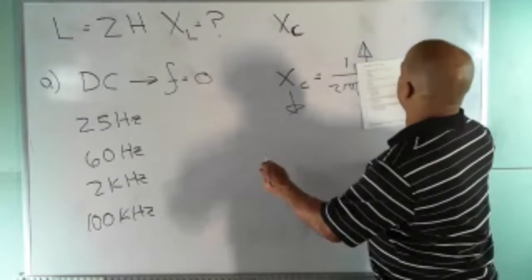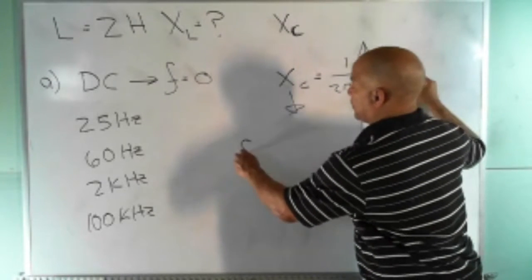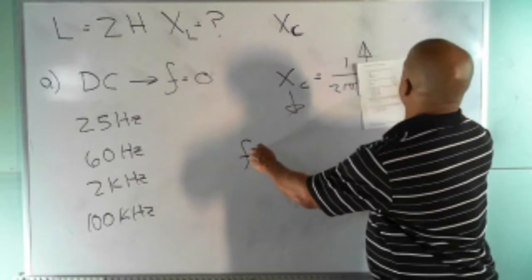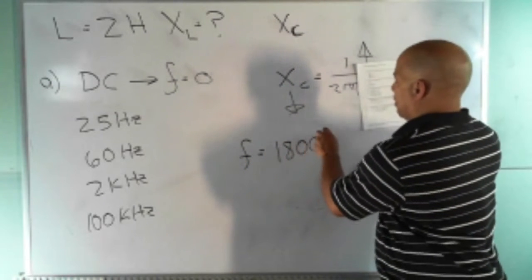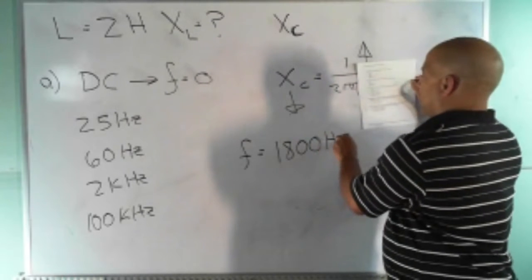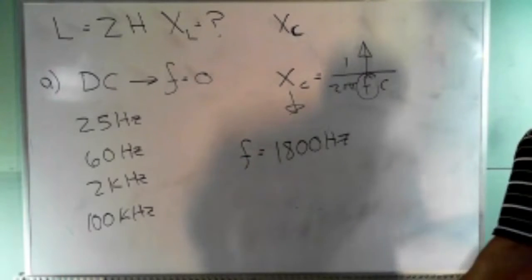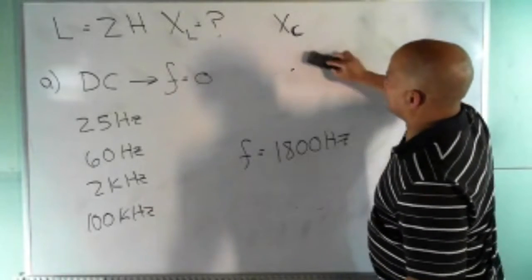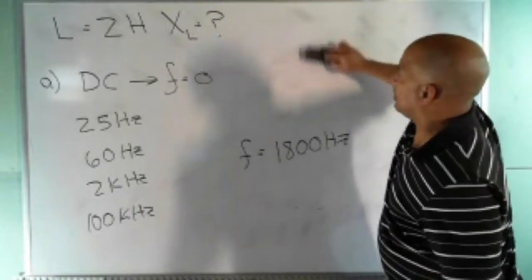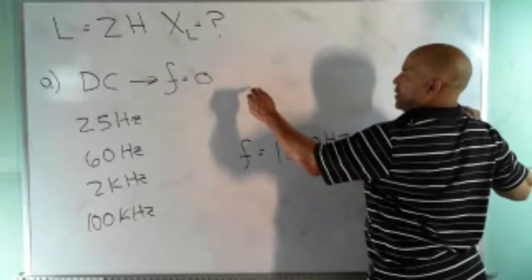Yeah, so let's do a C. So we have a frequency of 1800 hertz, and we want to figure out XC. So let's put that into this equation. And you'll notice that it's a lot smaller than infinity, which is the other one we did.